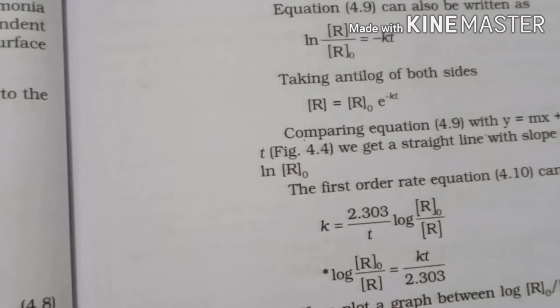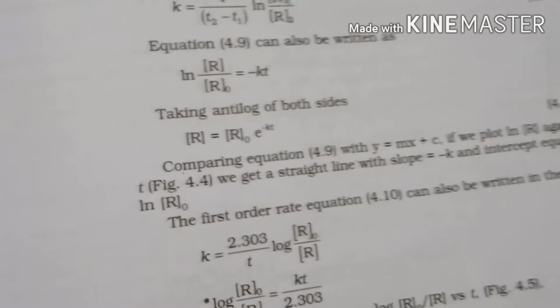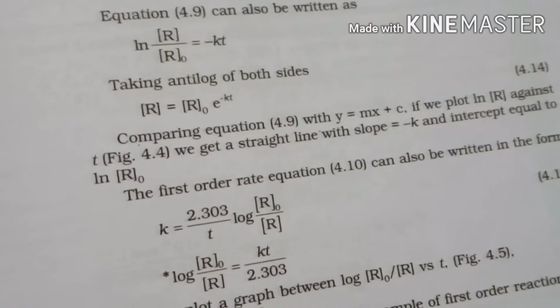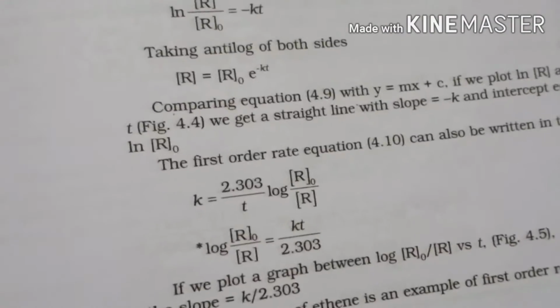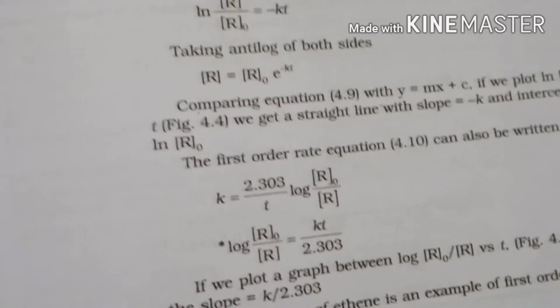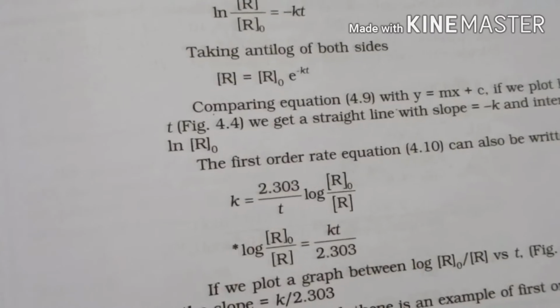Comparing the equation with y equal to mx plus c, if we plot the concentration of R against t, we get a straight line with slope minus k and intercept equal to ln R naught.